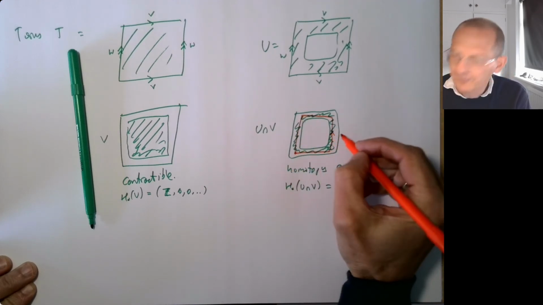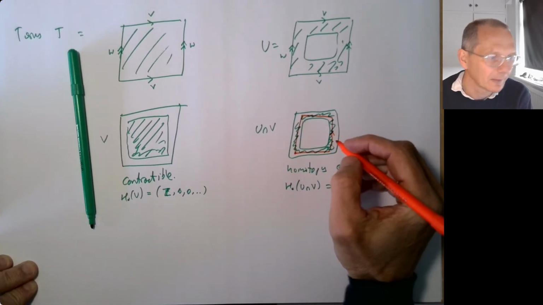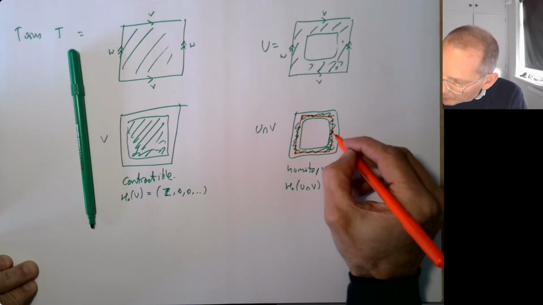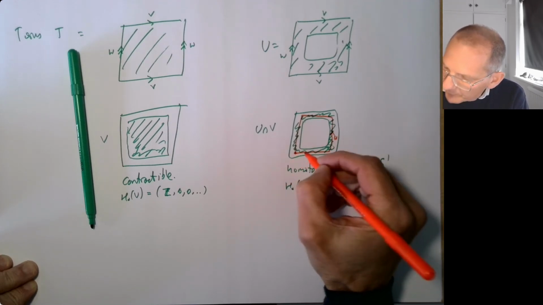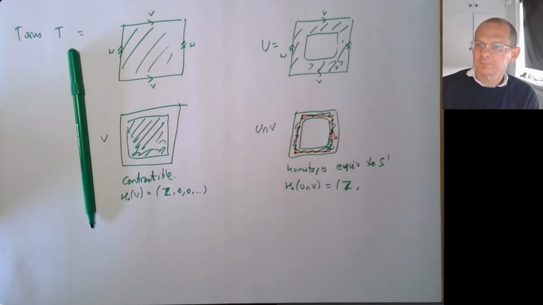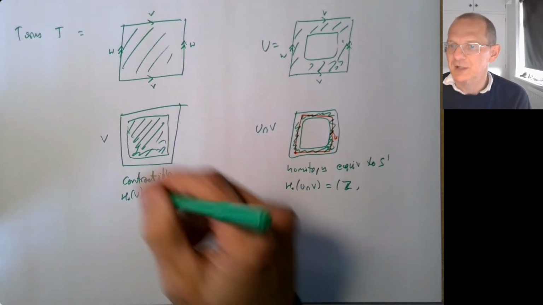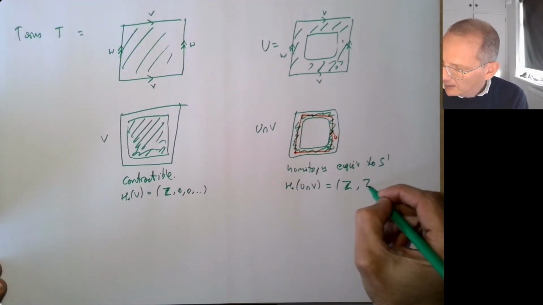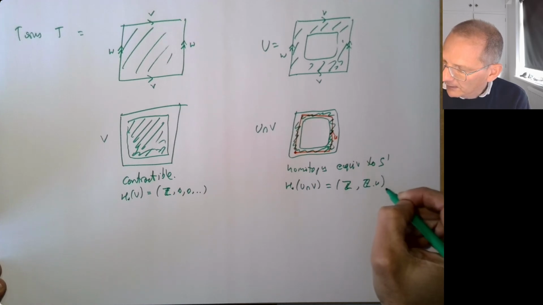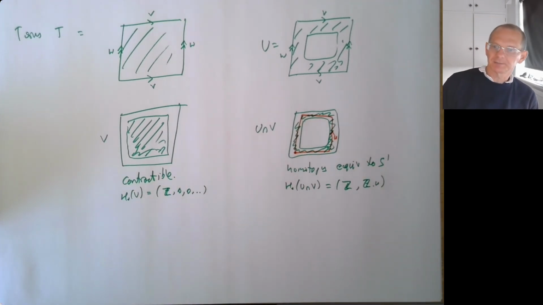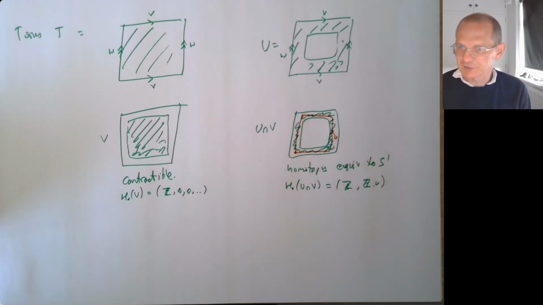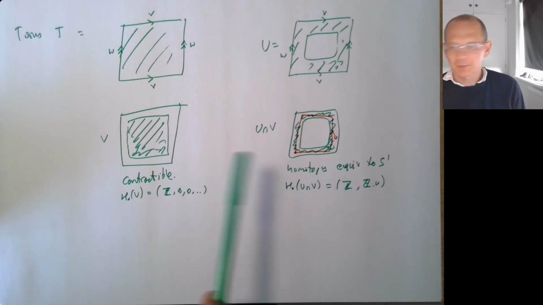Here's a path here, which I'm going to call U. This runs around the circle, and so by our previous discussion of how the homology of the circle works, you've just got U generates your H1, and all the remaining homology groups are 0. But so that's the homology of U intersect V and the homology of V.